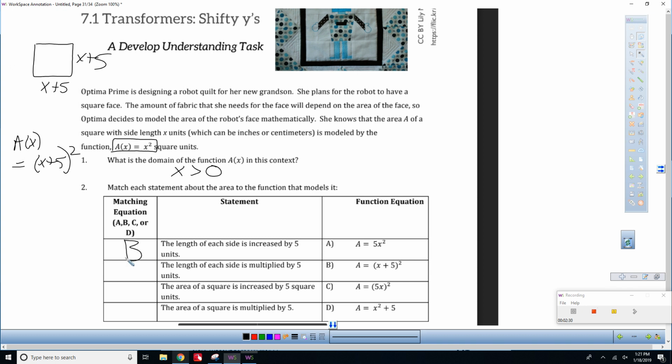All right. The length of each side is multiplied by 5. Is it 5 times x squared, or is it 5x times 5x?